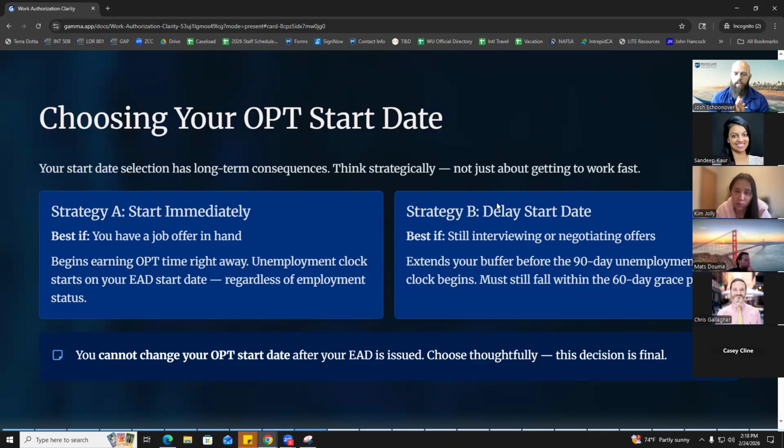And the reason that I would do that is once the start date on your EAD comes and goes, if you're not working, you're starting to accrue time under unemployment. And in order to maintain status on OPT, you cannot exceed 90 days cumulative of unemployment time.